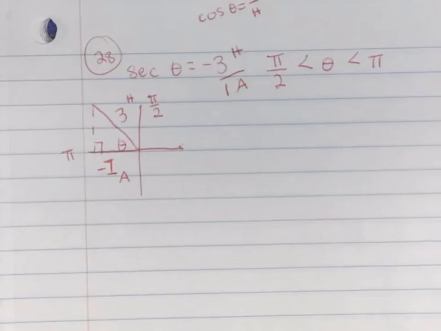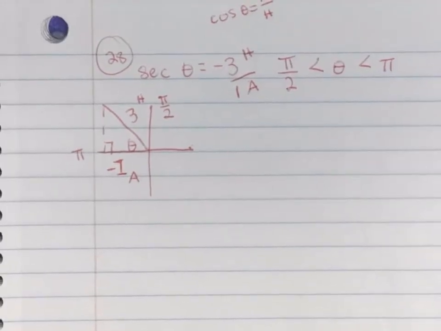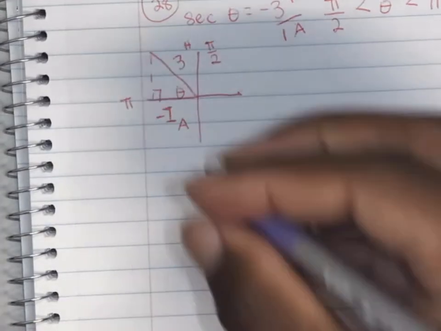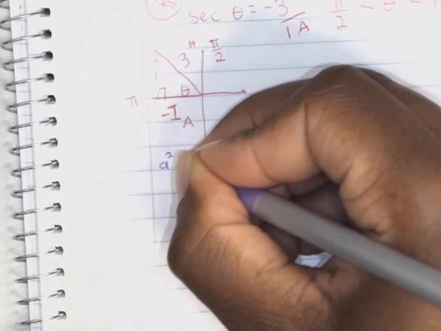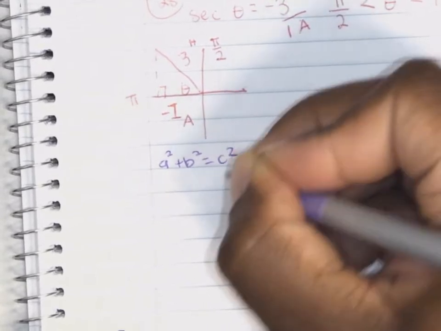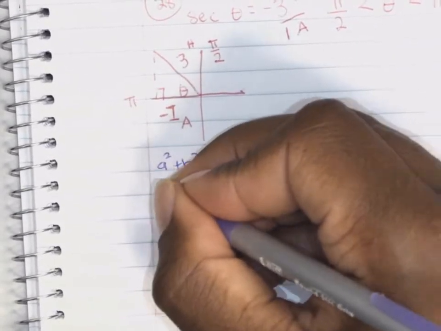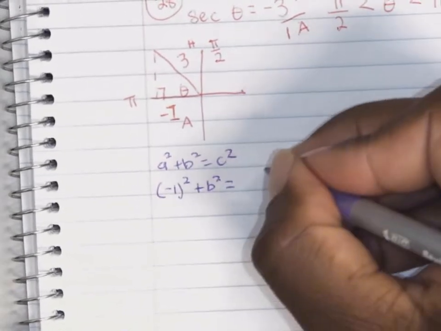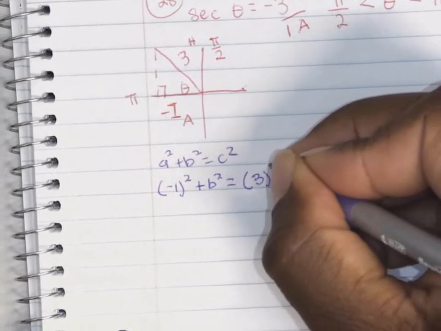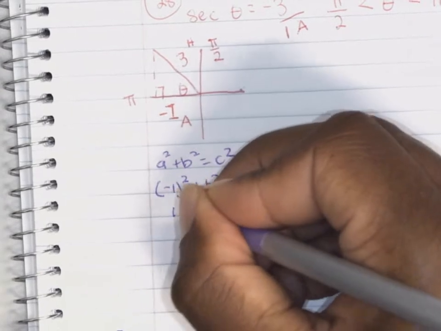All right, so let's find the missing side. A squared plus B squared equals C squared. A is negative 1 squared plus B squared, which is what I want to find. The hypotenuse squared would be 3 squared. That's 1 plus B squared equals 9.